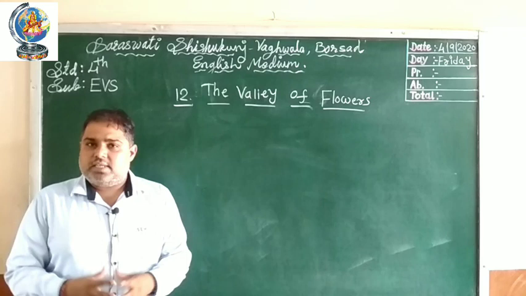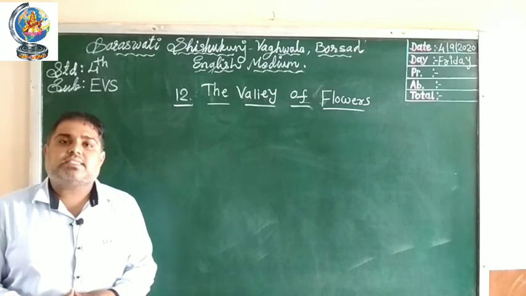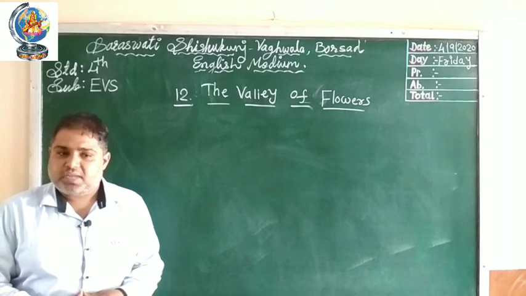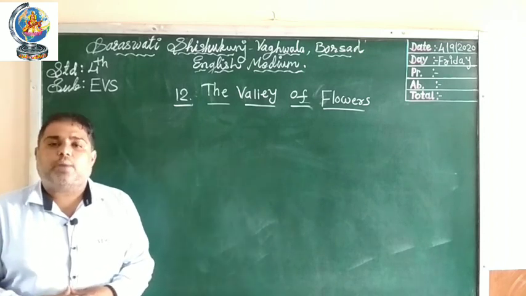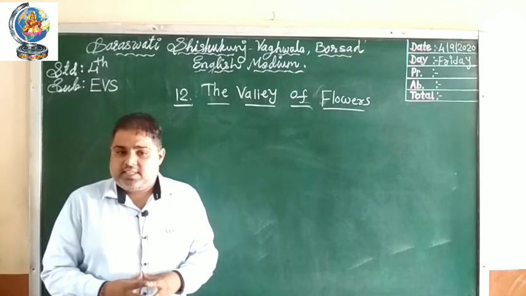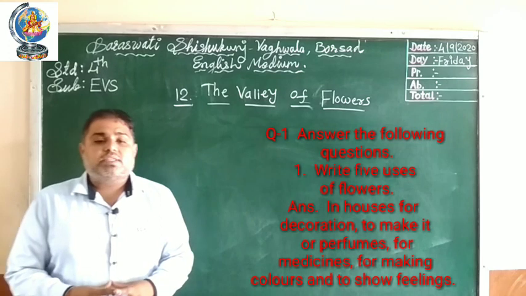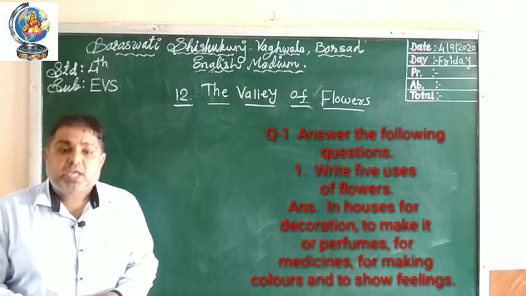flowers. Students, before the end of this video, let us discuss the answers of the worksheet. In this worksheet, I have asked questions. So the first question is, write 5 uses of flowers. So which are the 5 uses of flowers?